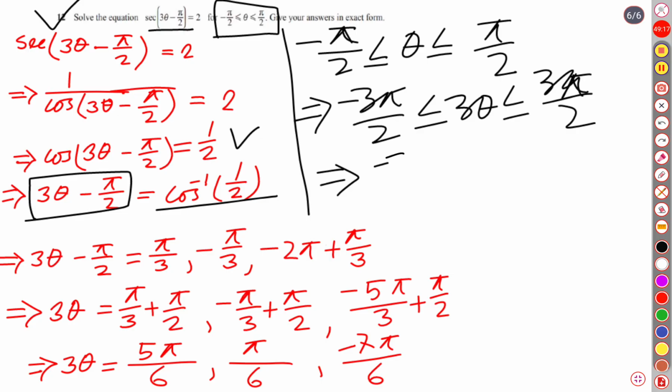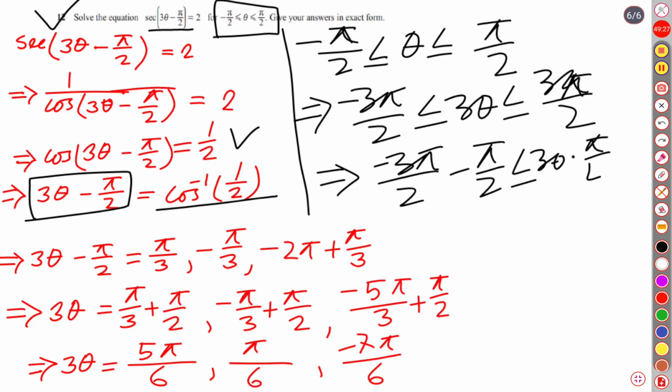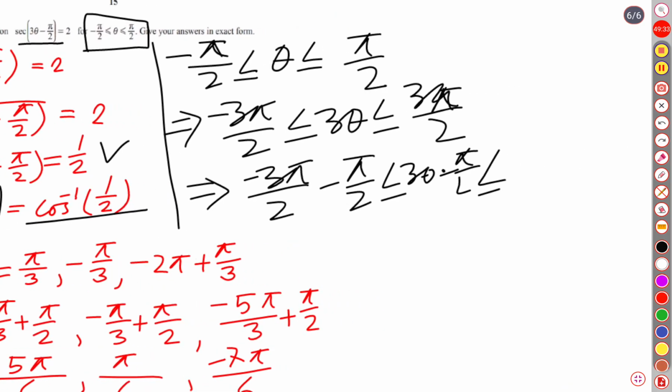So negative 3π over 2 minus π over 2, 3θ minus π over 2, then 3π over 2 minus π over 2.